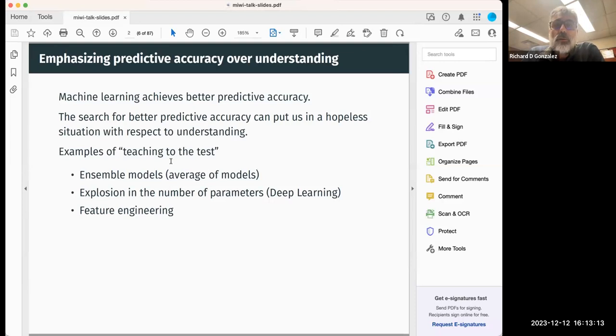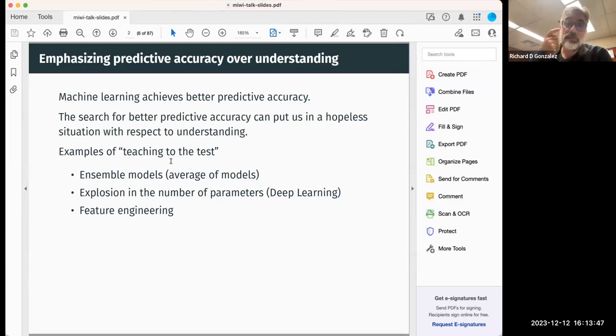Now, when what you want to do is go after prediction at all costs and have the best predictive model, a trap you can fall into is something analogous to teaching to the test. In grade school, if there's a standardized test, teachers might be incentivized to just teach to the test so the students get the highest score possible and not care about whether they comprehend the material.